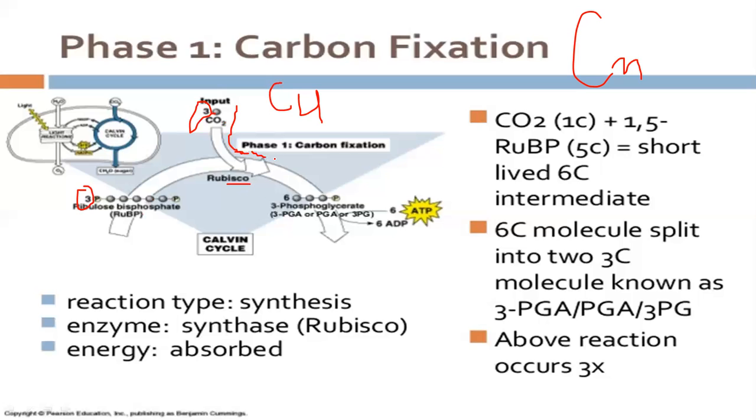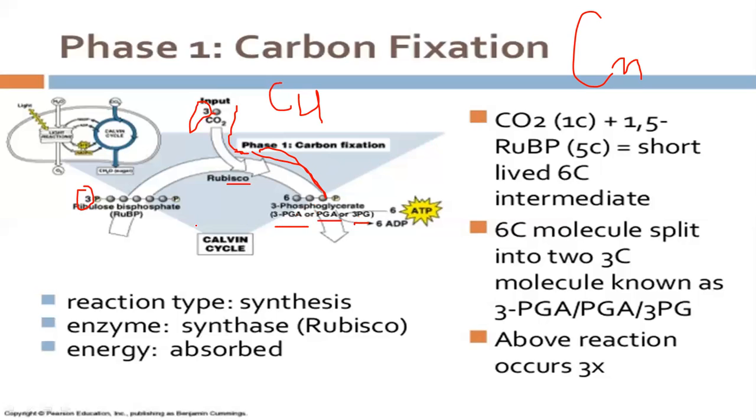In between, from the entering of carbon dioxide up to 3-PGA, there are some other intermediates formed, but they are unstable, and soon they change into 3-phosphoglycerate or 3-phosphoglyceric acid, called 3-PGA, PGA or 3-PG.